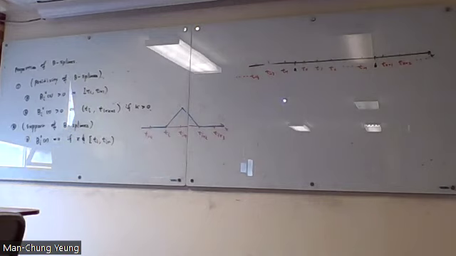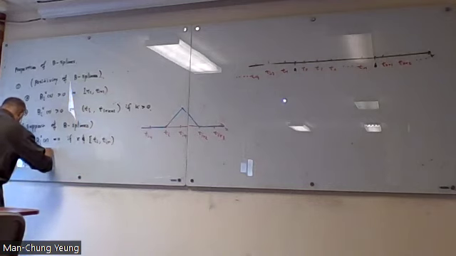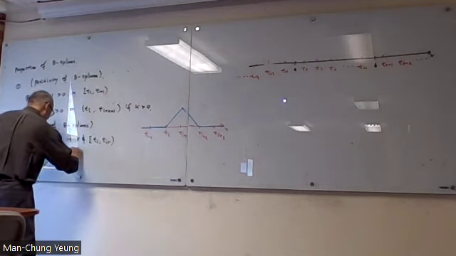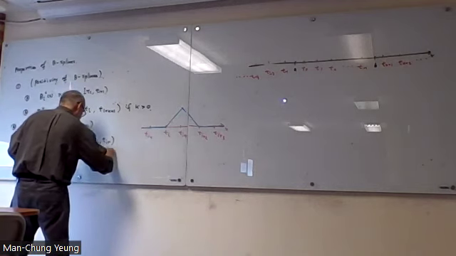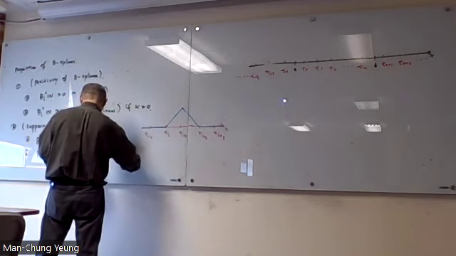How about for general k? bi k is 0 if k is greater than 0 and x is not in this interval.